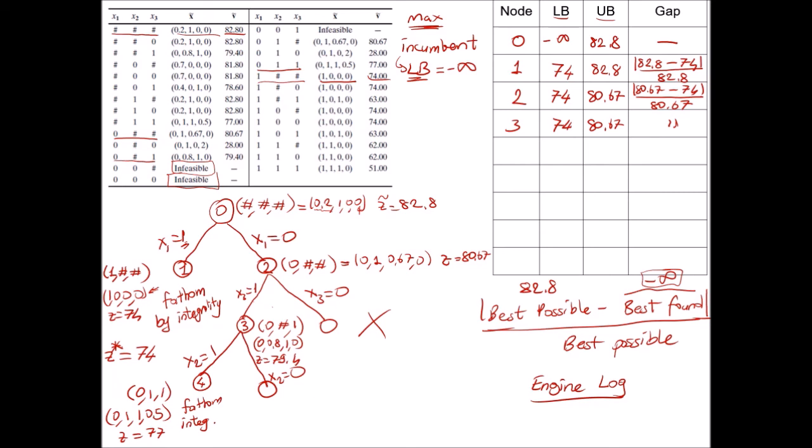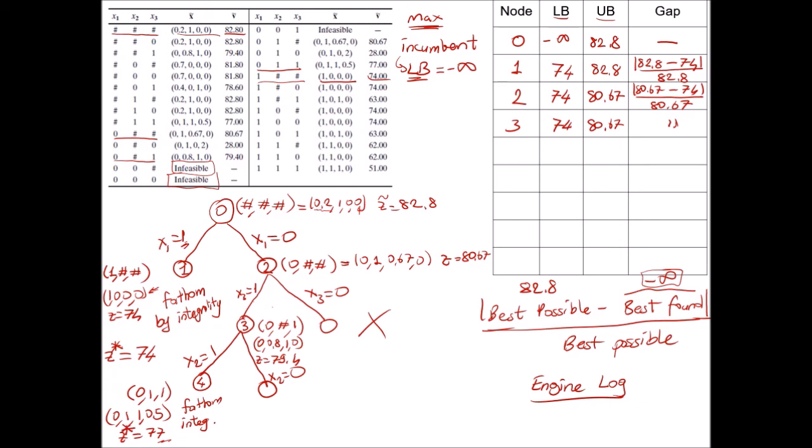This is an integer solution now. Is this the best integer solution that we found until now? We need to compare this value with the previous one. The previous one was 74. You can see it here, the previous integer. New solution is 77. Which one is better? This one is better for a maximization problem. So now this is the new integer solution. So I put a star here.